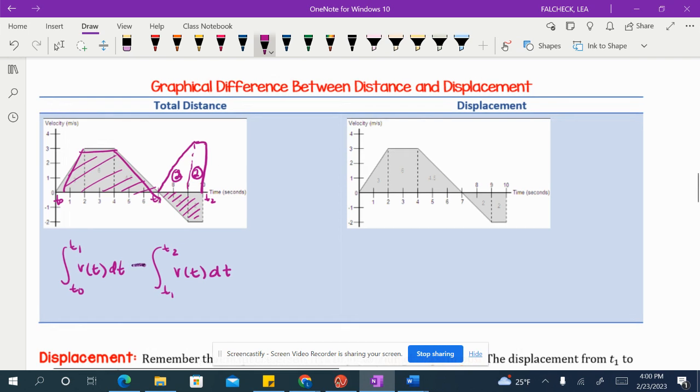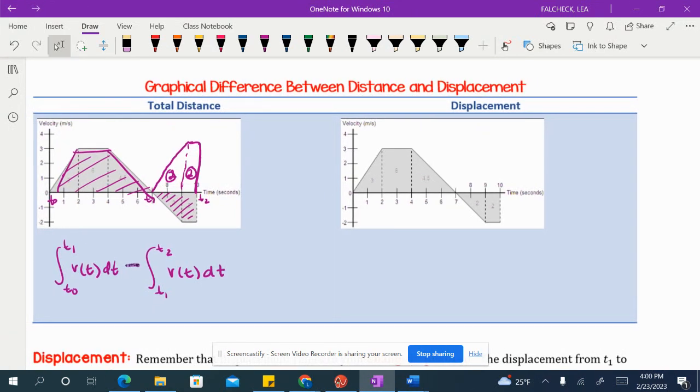And then what we're doing over here with displacement is we want to keep this bottom portion negative because it's telling us about all that left motion, right? This is right motion to the right of the origin. This is motion to the left of the origin, and we want to keep it negative so we can see where this particle finally ends up after all of its motion is done.